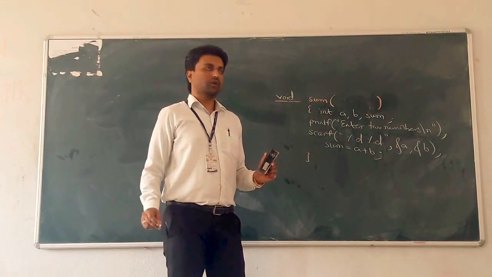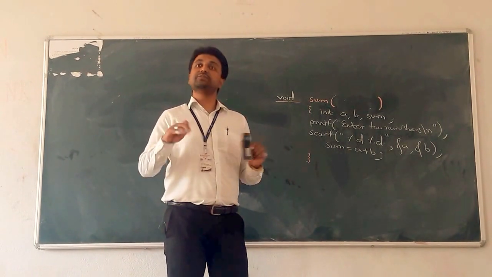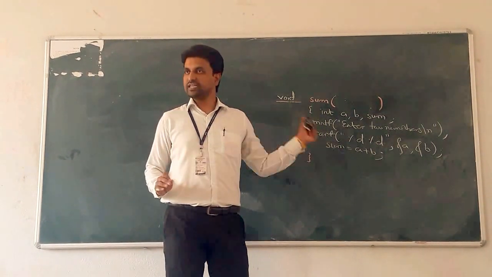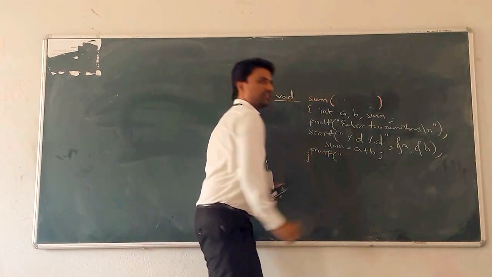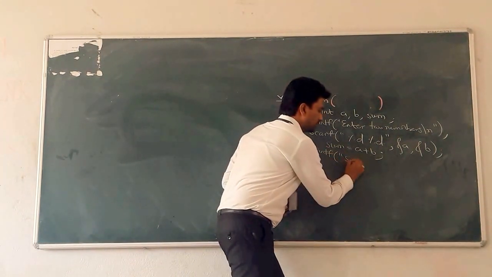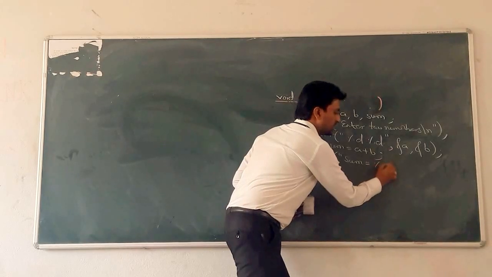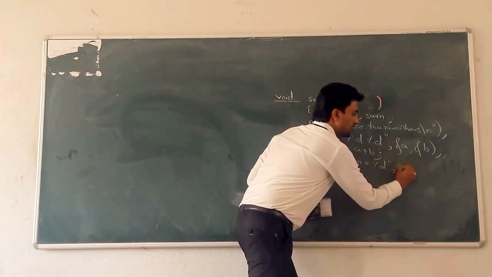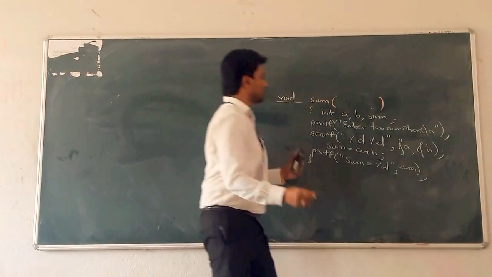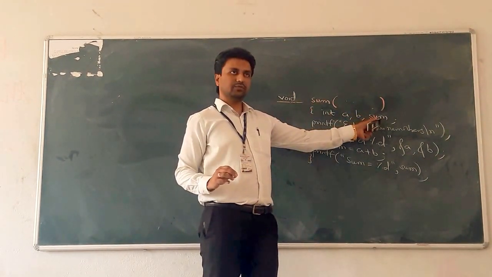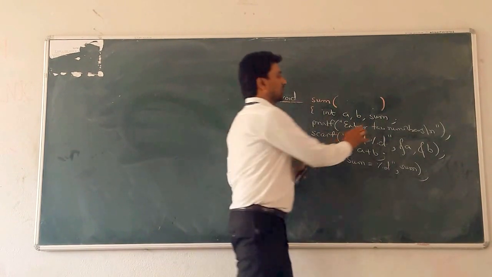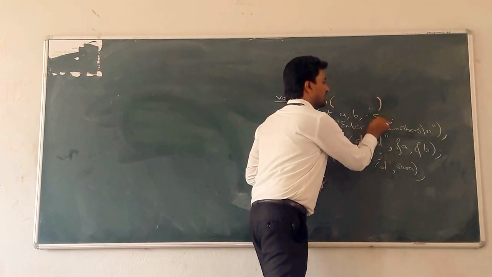After that, the same sum function displays the addition. So write the printf function here itself: "Sum is equal to %d" double quotes complete, and the name of the variable. To avoid confusion between the name of the function and the name of the variable, write only s.